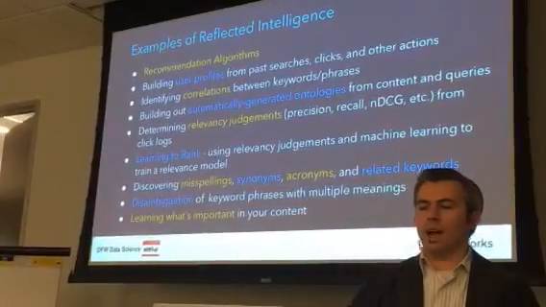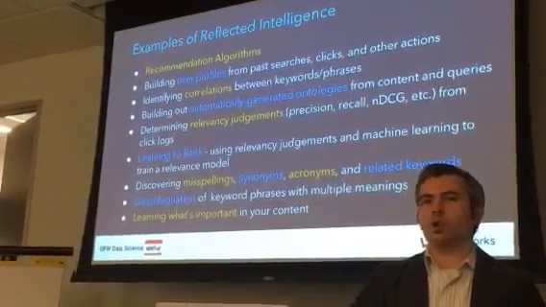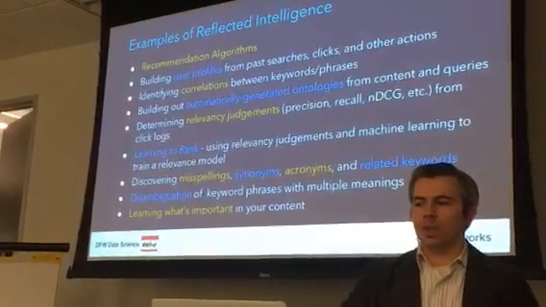These are all examples of how the search engine can learn, and a lot of this learning can take place by leveraging your query logs, which are a gold mine of information.